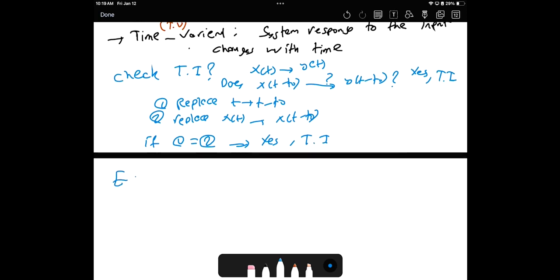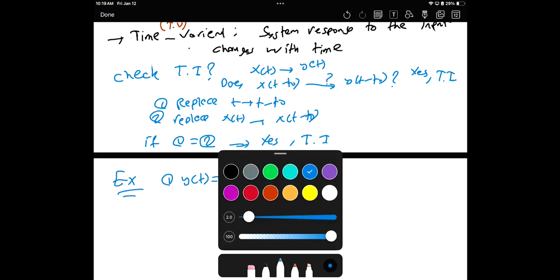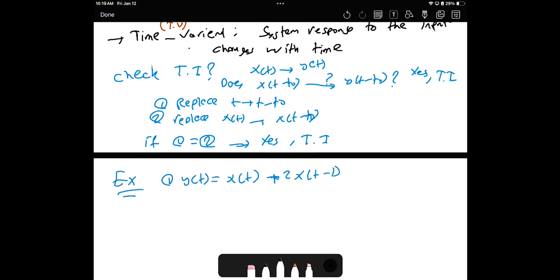Now, example. We have y of t equals x of t plus 2x of t minus 1. This is the system that we have. Now we need to check the first thing: is it causal or non-causal? Causal means the output depends on the present or past inputs.